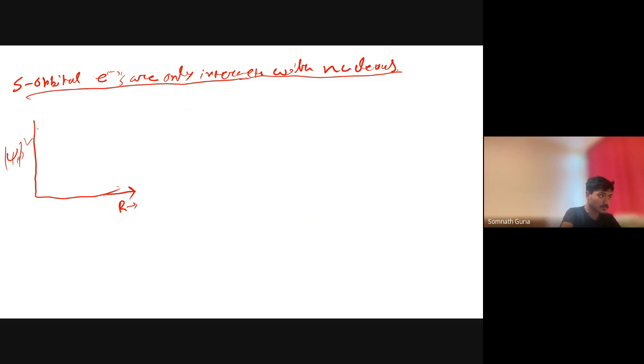This is the distribution, a non-zero value followed by decay. This is the 1s. How will be my 2s and 2p? We have 2s, there is one node over here, radial distribution something like this.